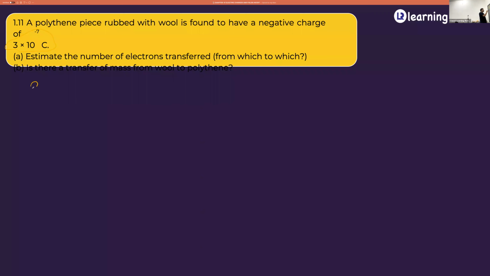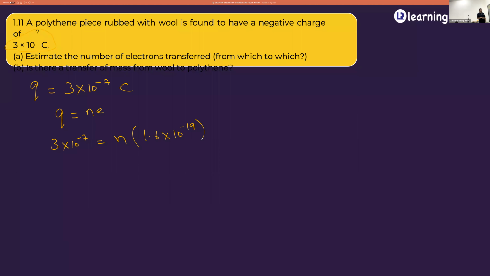So basically, the charge attained by the polythene is 3 into 10 power minus 7 Coulomb. To estimate the number of electrons transferred, wherever you need the number of electrons, use the quantization of charge. Q is equal to N into E. So 3 into 10 power minus 7 is equal to the number of electrons multiplied with the charge of each electron, 1.6 into 10 power minus 19.